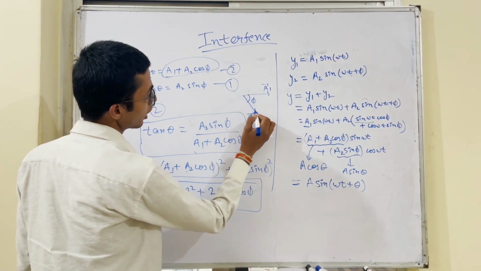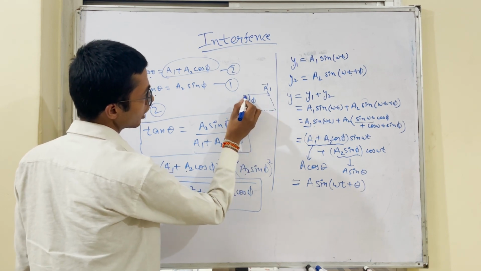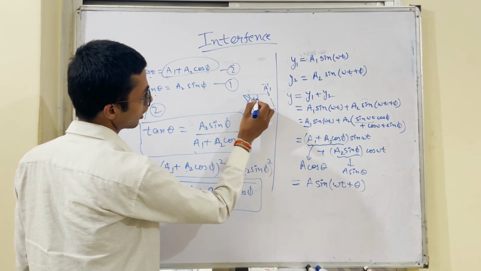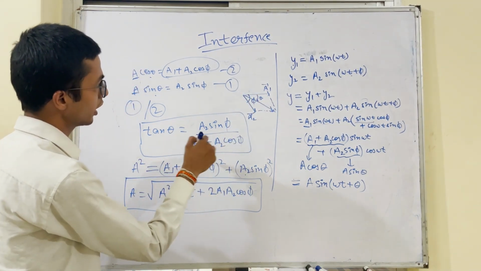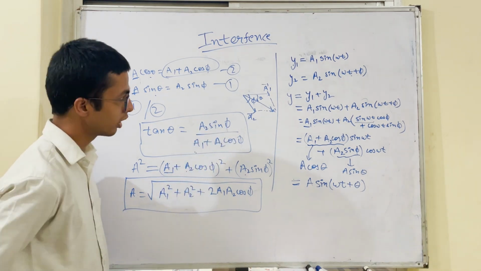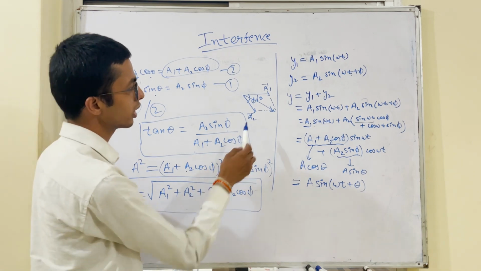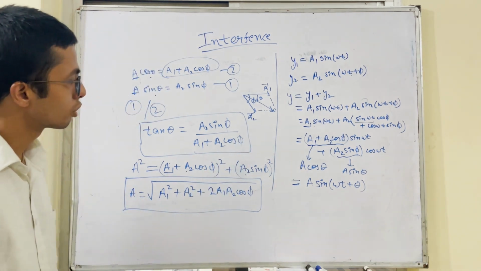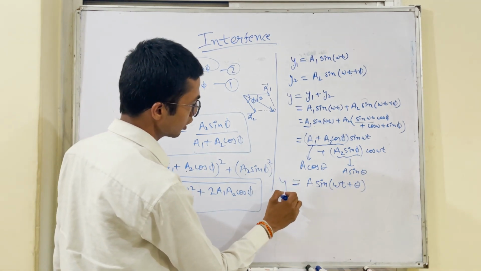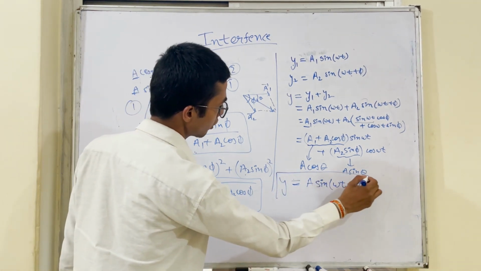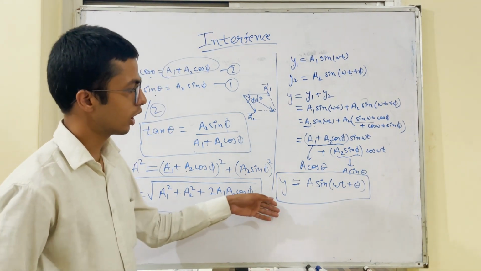So if I make this parallelogram and the resultant is at angle theta, I can write tan theta by this formula, and this resultant value I can write by this formula. So by this we can also see how we find the resultant.